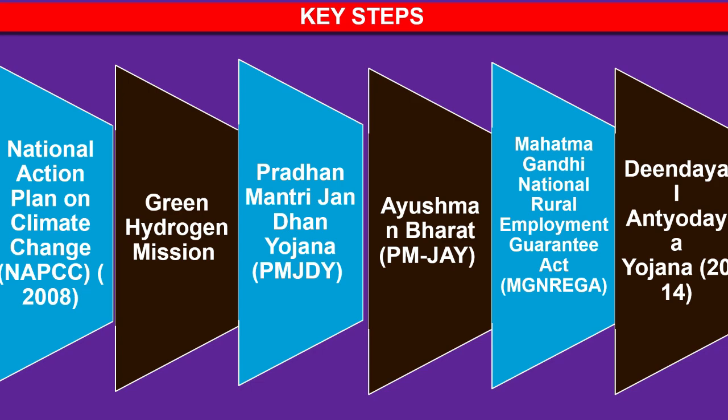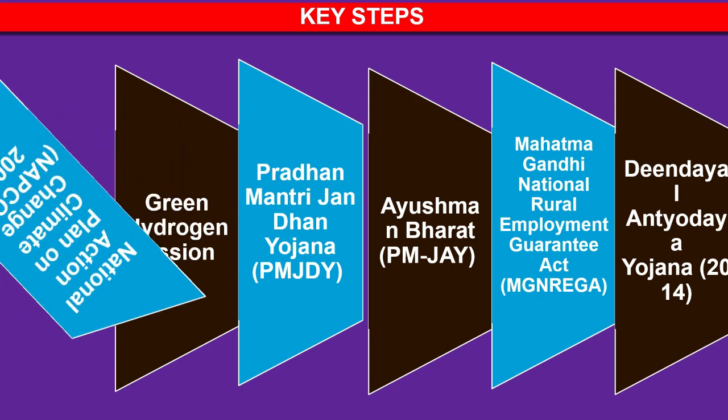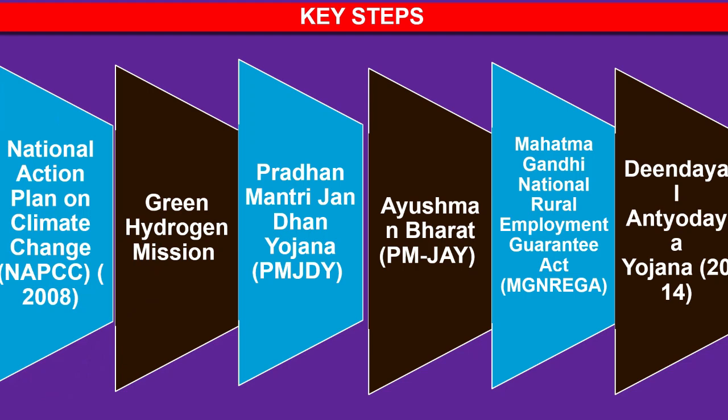What are the key steps taken by the Indian government? First of all, the National Action Plan on Climate Change, which includes eight missions focusing on renewable energy, water conservation, and sustainable agricultural practices, like the Solar Mission and the Green Hydrogen Mission. The Green Hydrogen Mission mainly promotes the use of green hydrogen to reduce fossil fuel dependency.